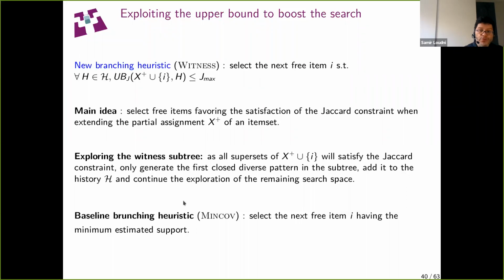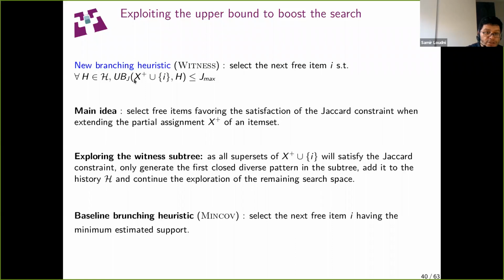So if we can find one item that extends the current item set to a new one satisfying this upper bound condition, we have the guarantee that this item set will be diverse with respect to the history H, but all the supersets of this item set will also satisfy the upper bound.